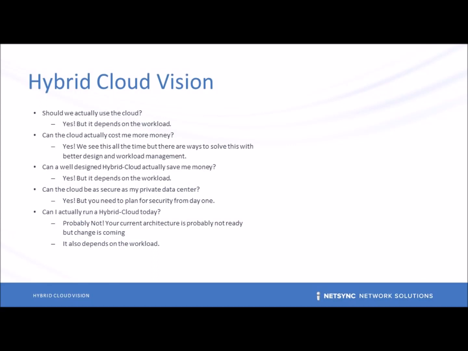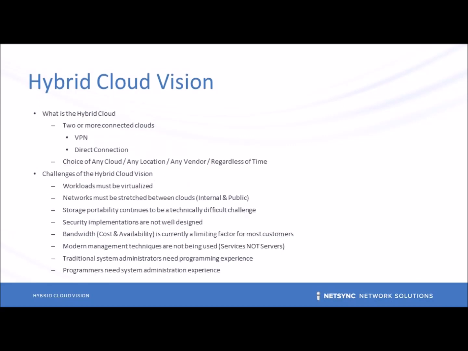So let's talk about a few things there. What is the hybrid cloud? Two or more connected clouds. That's easy, right? Via VPN or direct connection. So to answer the cloud question, cloud is just anybody's data center. That's the best way to think of a cloud. You have a private cloud, you have a public cloud, any kind of cloud you want to think of.